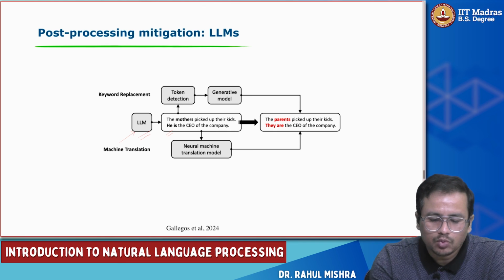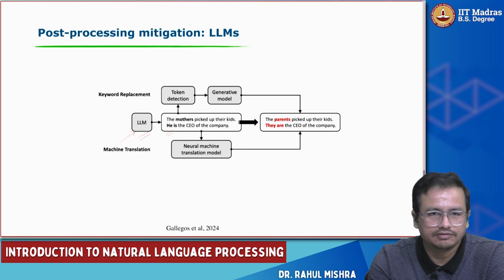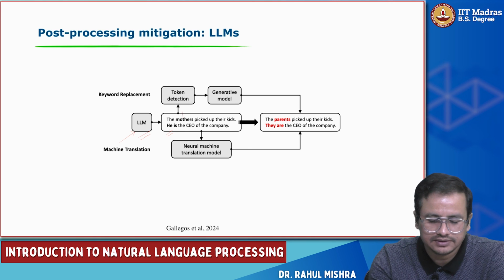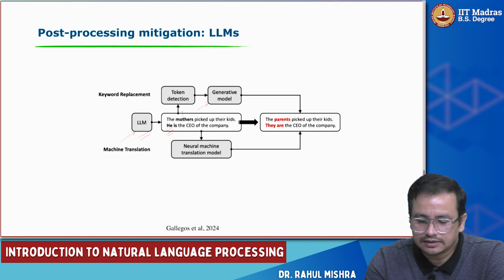You want to detect which tokens are gender neutral versus not gender neutral, having some bias. So you detect mothers and he, and then you put it to a generative model. It will rephrase it like this: the parents picked up their kids and they are the CEO of the company, right? So it will convert this into more gender neutral text, so gender neutrality is maintained.